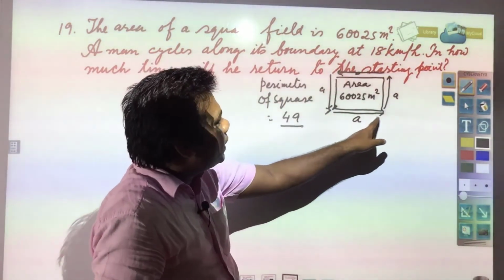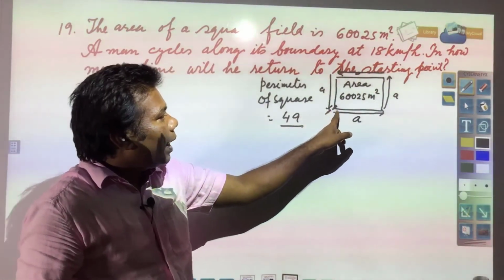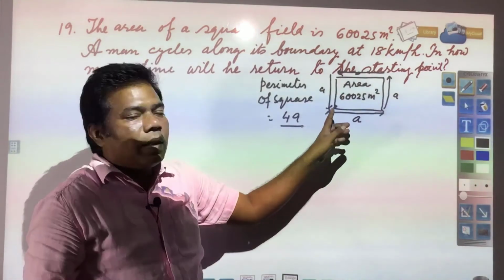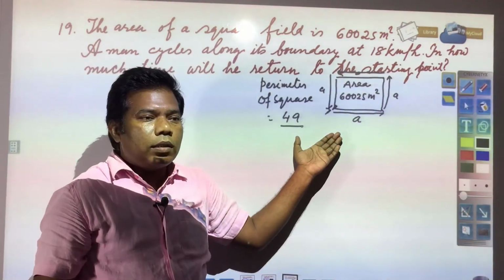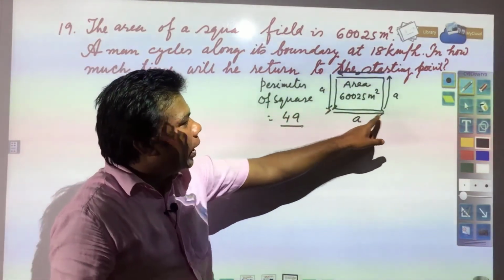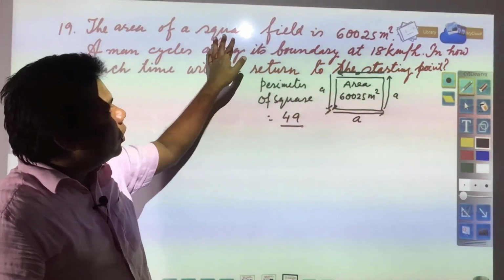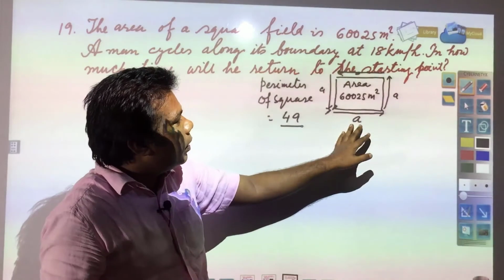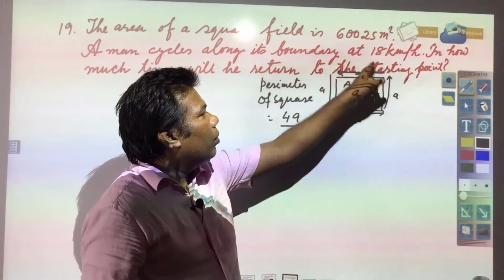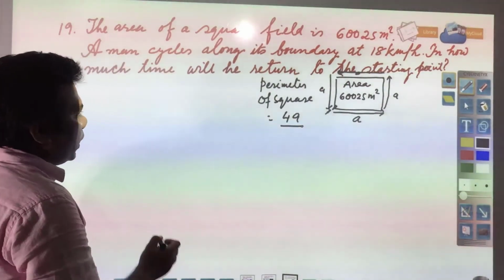So, this distance he will travel. Traveling up to this distance, how much time he will take, we need to find out. His speed is 18 km per hour, distance is 4A, where A you have to find out, area has been given, then you need to find out how much time he will take to complete the whole boundary. How we will solve, you see.